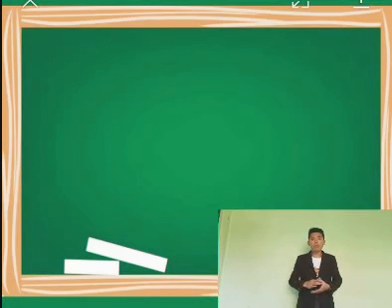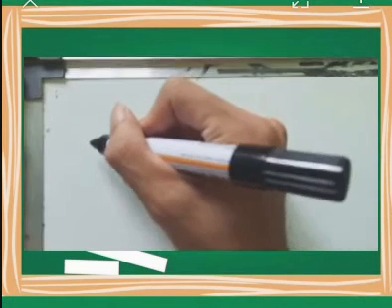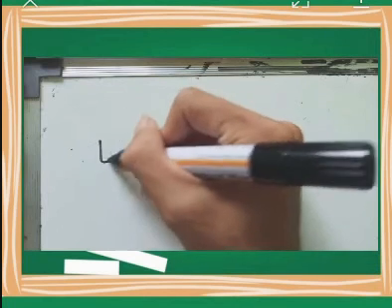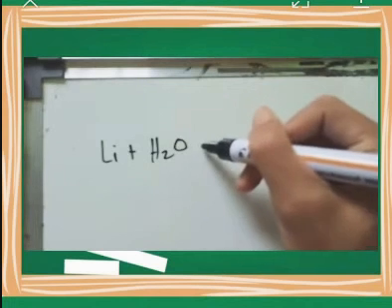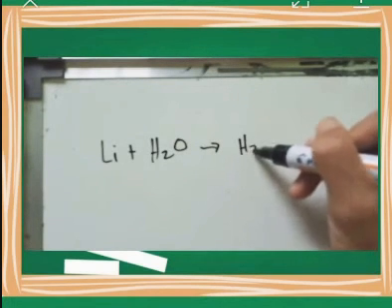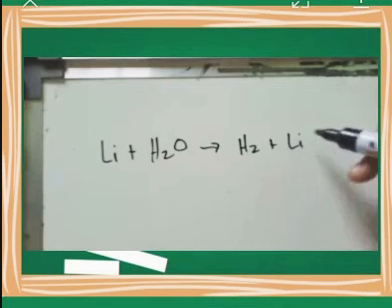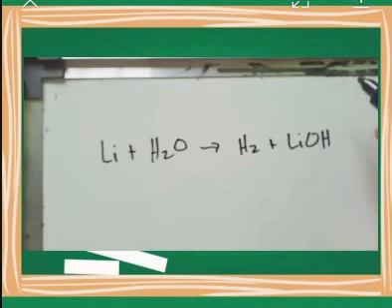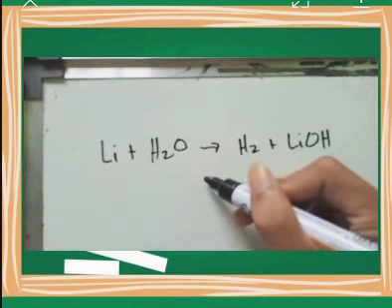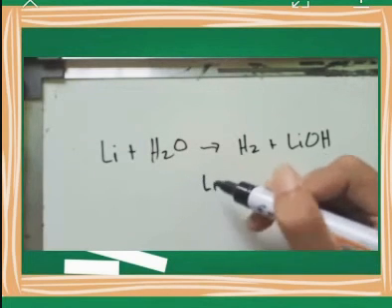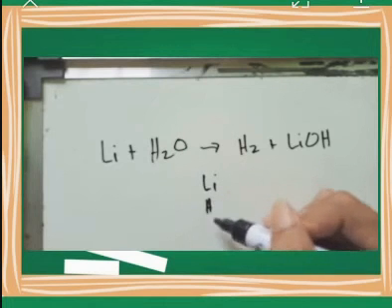Now, I will show you the step-by-step process of balancing chemical equations. Please listen carefully. Let's take, for example, an unbalanced equation: lithium plus water results to hydrogen gas plus lithium hydroxide. The next step is the inventory of lithium, hydrogen, and oxygen.